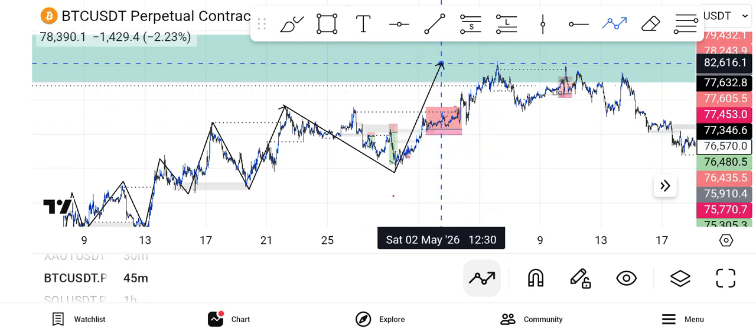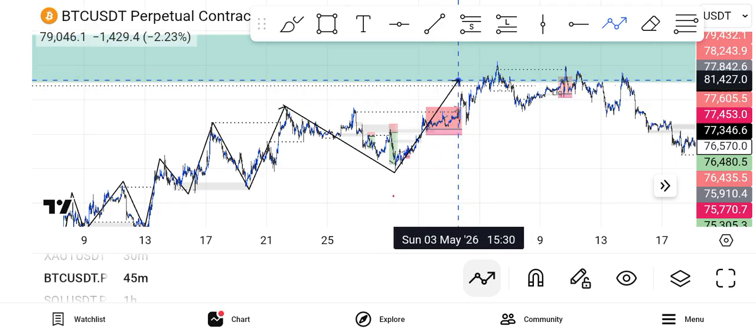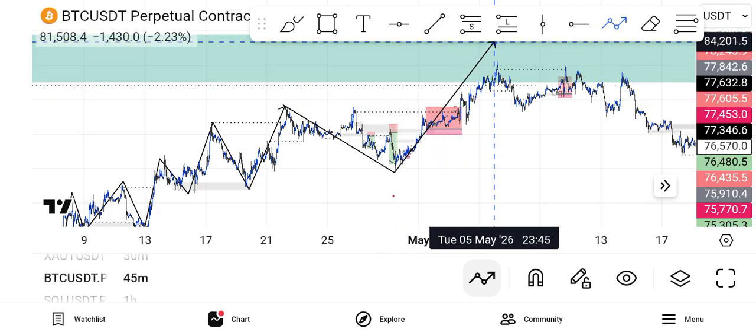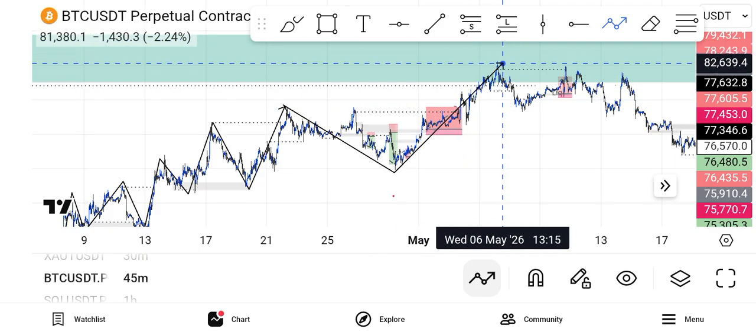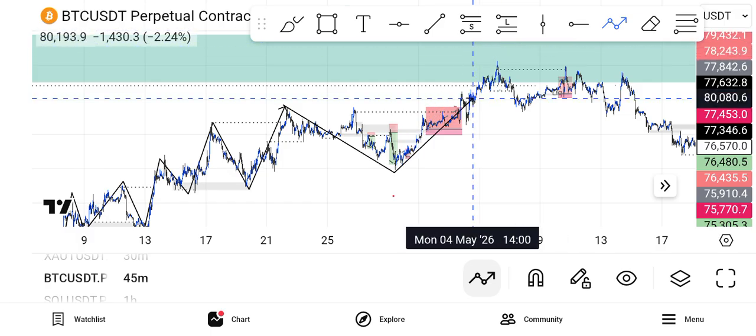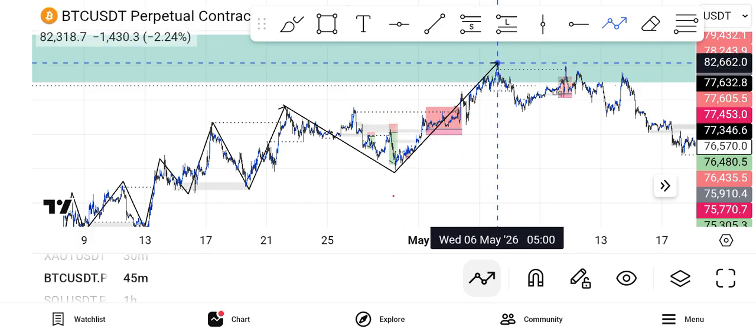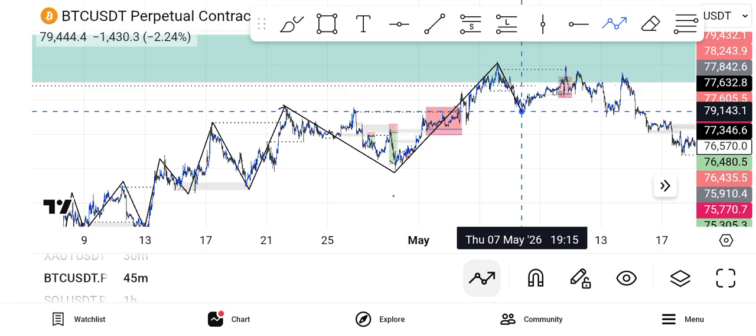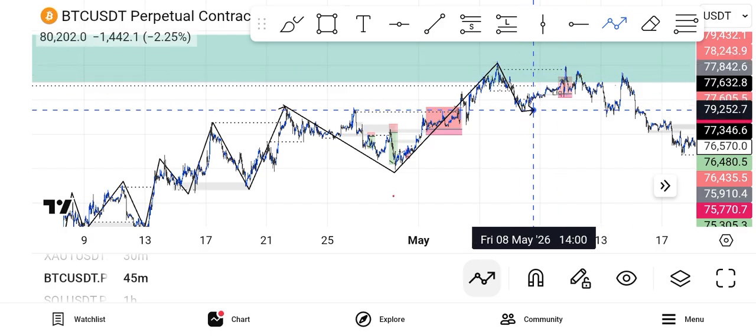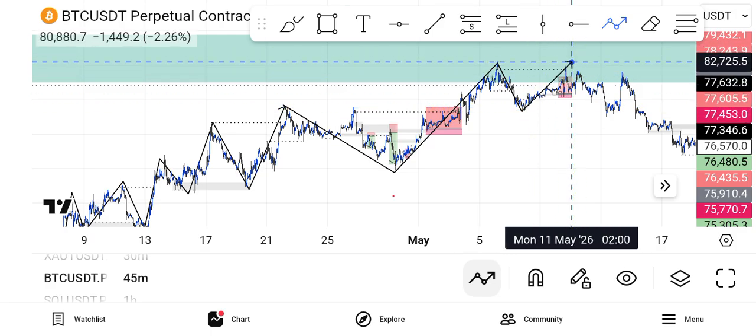Immediately the market tapped into our point of interest on the daily time frame, I knew that this is when I might start selling. You can see this was the last low we had here.